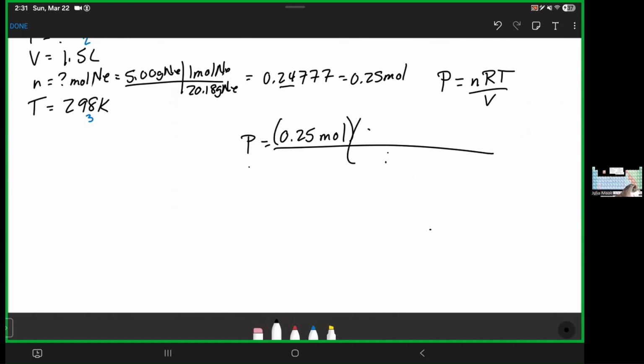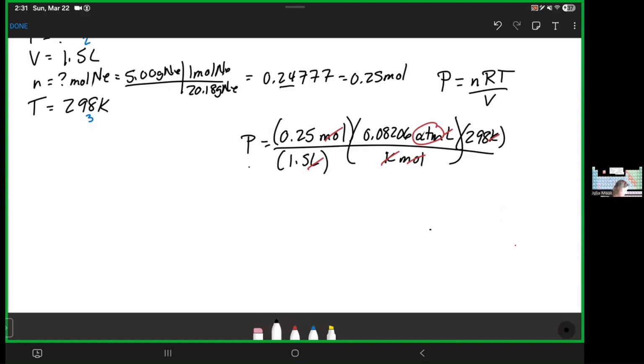So my moles, my R, my temperature, and my volume. And you see your liters cancel, your moles cancel. I lost a K somewhere along the way. Oh, there it is. My K is canceled. I'm left with ATM, pressure, which is what we're looking for.